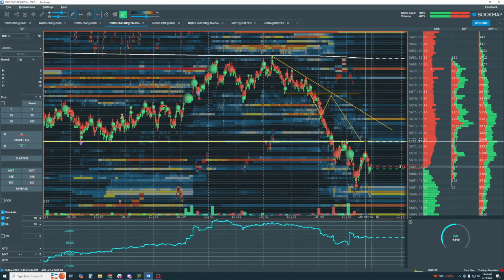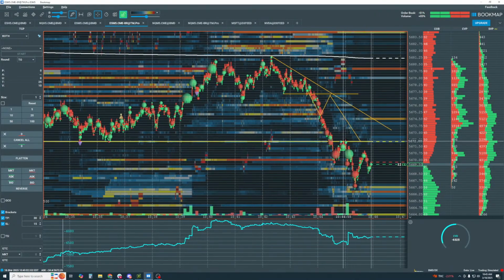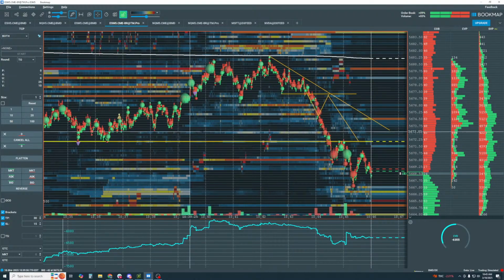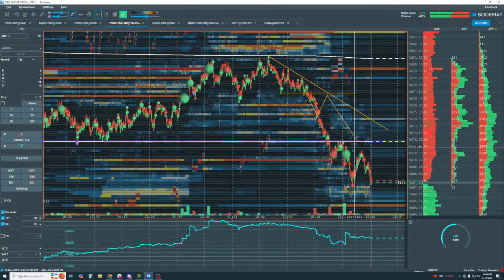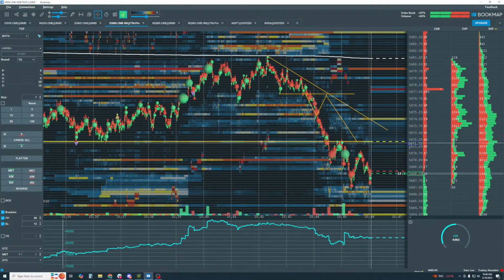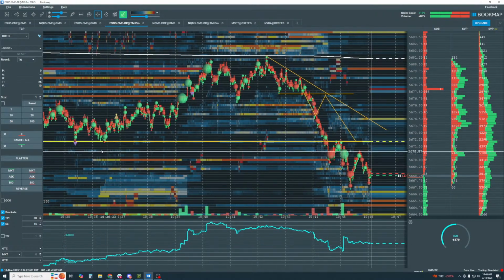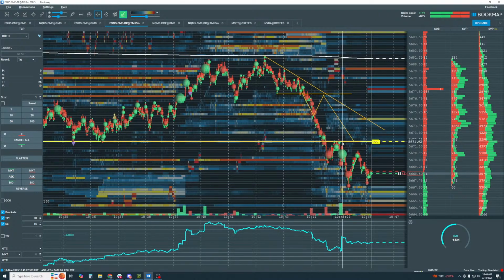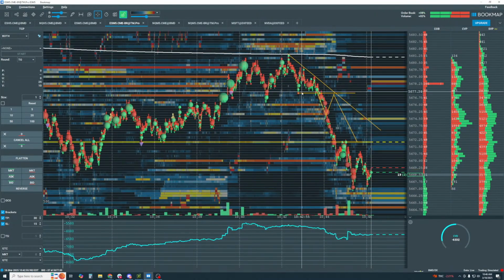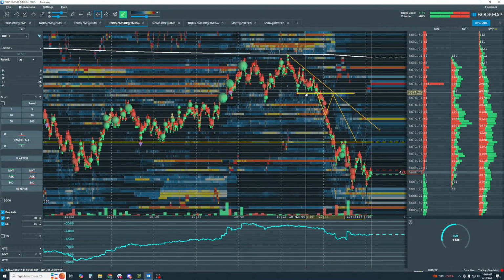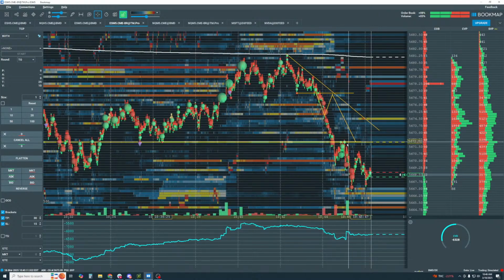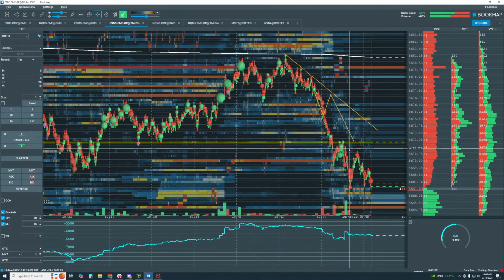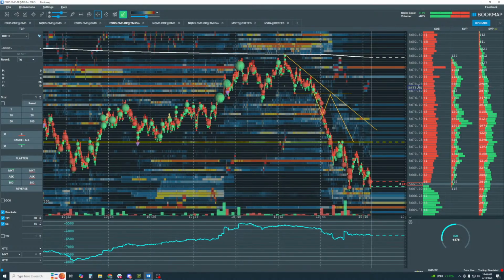It even went through that, and then retested the backside of that in here. This POC is really nice, actually. It aligns very nicely with this level here, and then the breakthrough and retest to it. So some nice stuff. At least you got a little bit of a pullback in here, so you POC traders might have gotten on that.